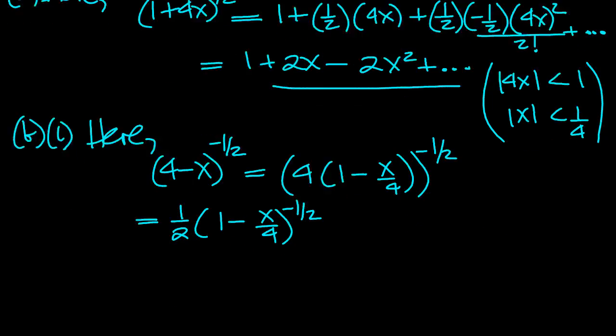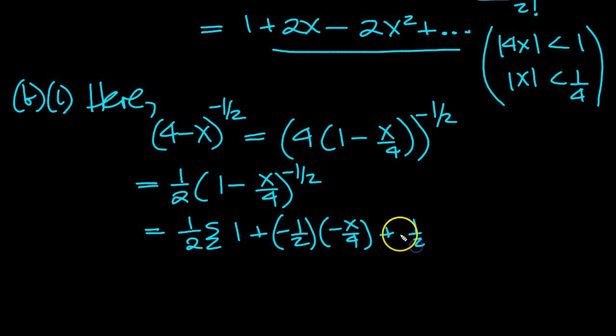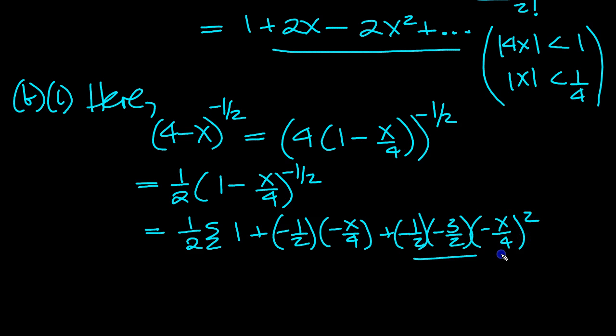So we can use the binomial theorem now, easily. A half, 1 + nx + n(n − 1) times x squared over 2 factorial plus dot dot dot.